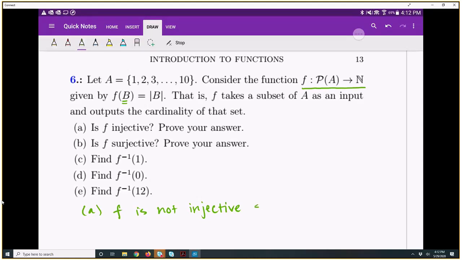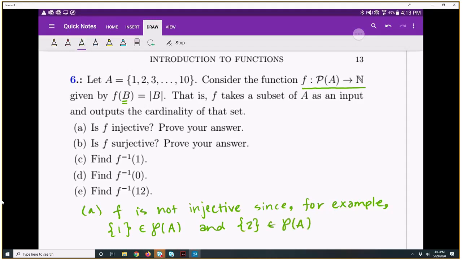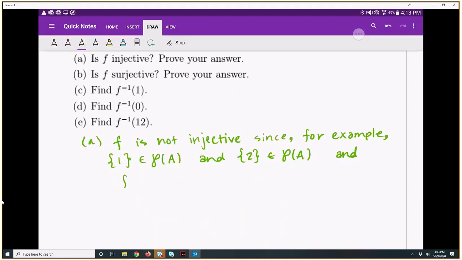For example, I know that the singleton {1} belongs to the power set of A, and the singleton {2} belongs to the power set of A, and f of {1} is equal to the cardinality of {1}, which is 1, which is also the cardinality of {2}, which is f of {2}.